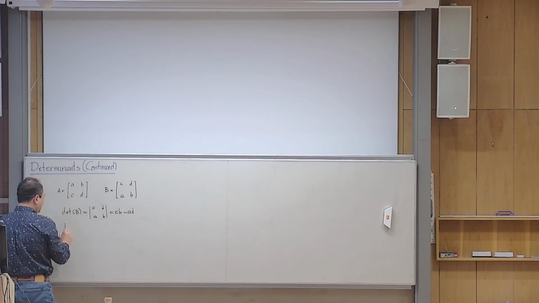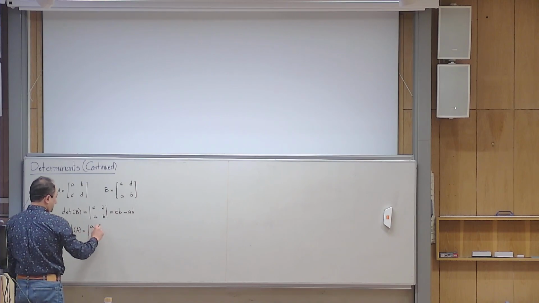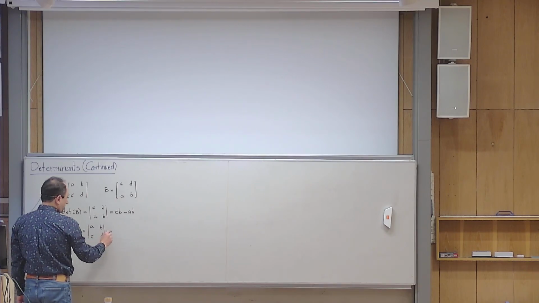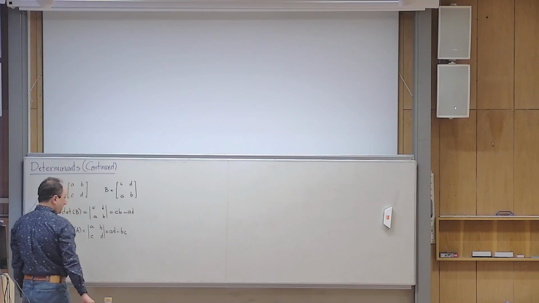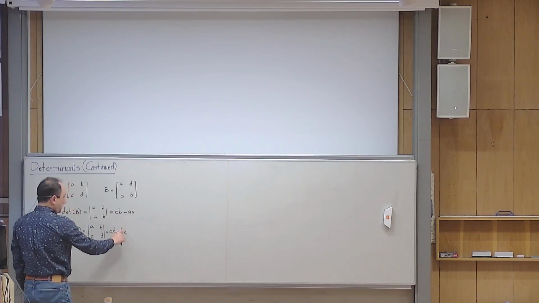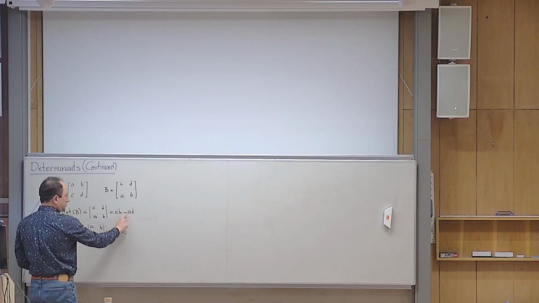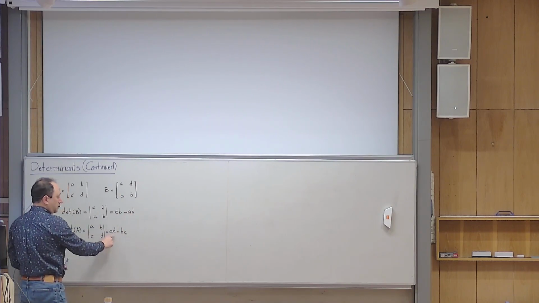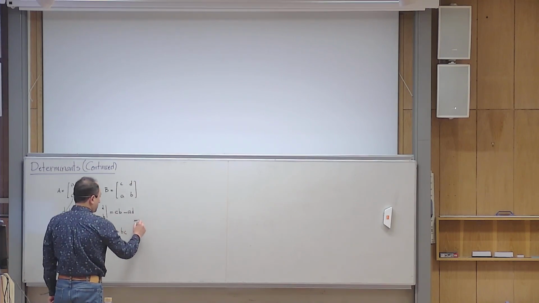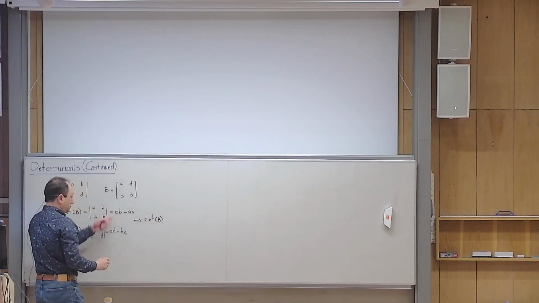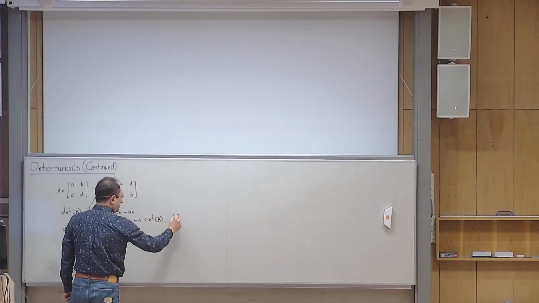But if you calculate the determinant of A, which is A, B, C, D in this order, then you multiply A and D, and minus multiply these two. And then you can see that BC is the same, AD is the same. The only difference is that here BC comes first, AD comes second, here AD comes first, BC second. So this means that the determinant of B and the determinant of A are not equal, but they are opposite.